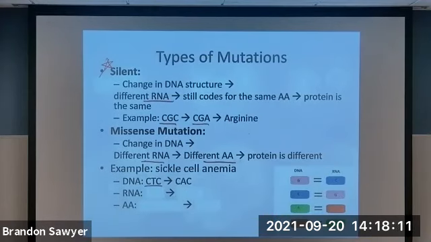Okay, so the DNA gets changed from CTC to CAC. So that gives us a different RNA, and then gives us a different amino acid, goes from glutamine to valine. And just that one amino acid is what causes this disease. There's not a ton of diseases that are that simple, but that's one example of one that is.